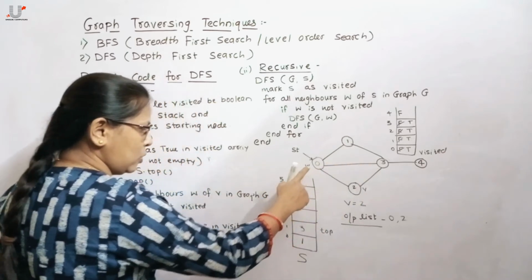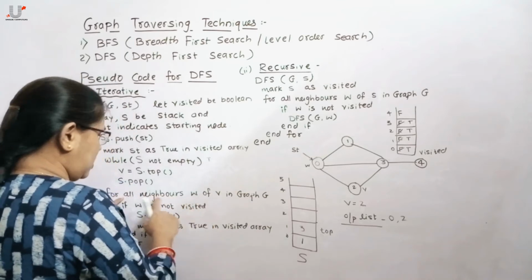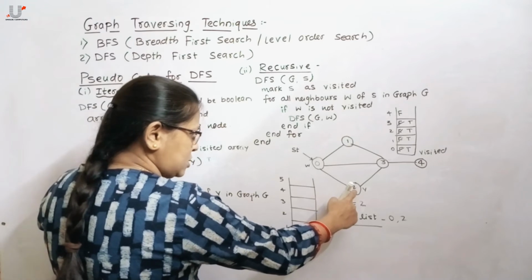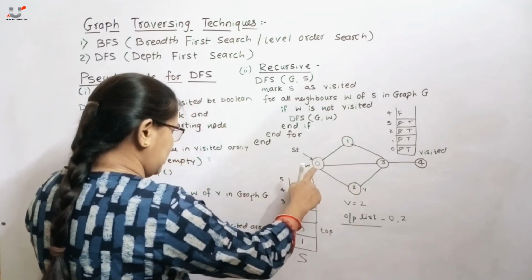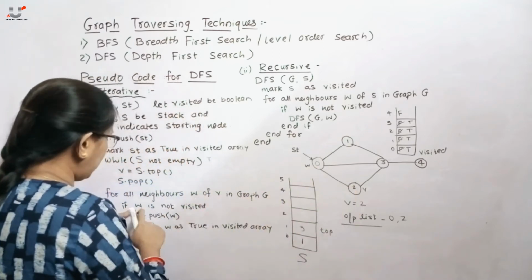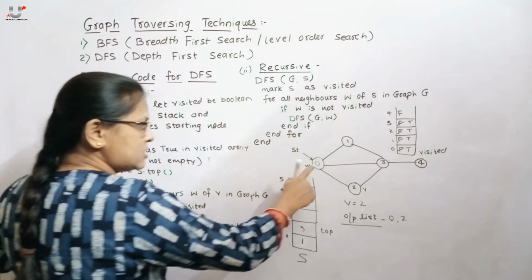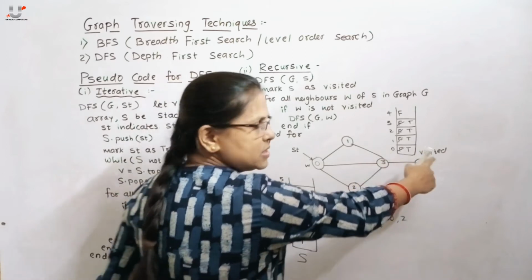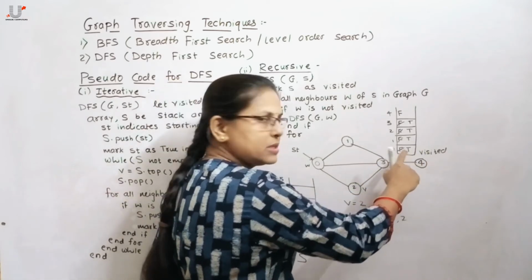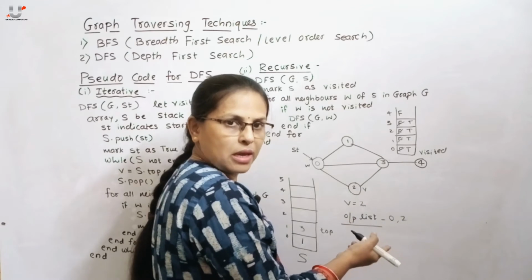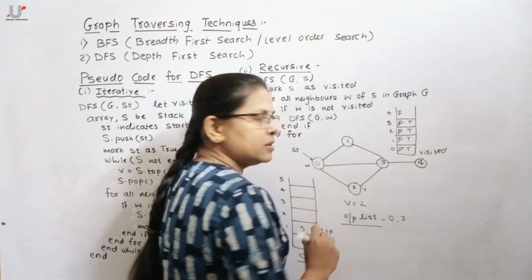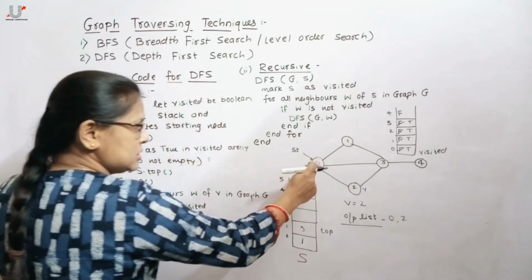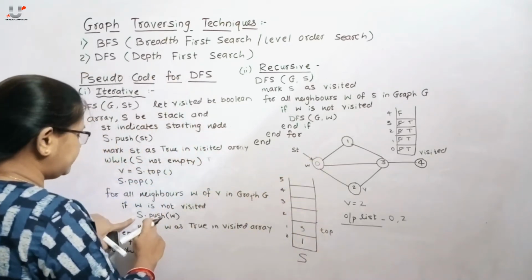First, the neighbor of this v, that means 2, is 0 in the graph. If w is not visited, then as w is 0, check the status of that 0 in the visited array. It is not unvisited, it has been visited. That's why the status is true. So don't push that 0 again into the stack.